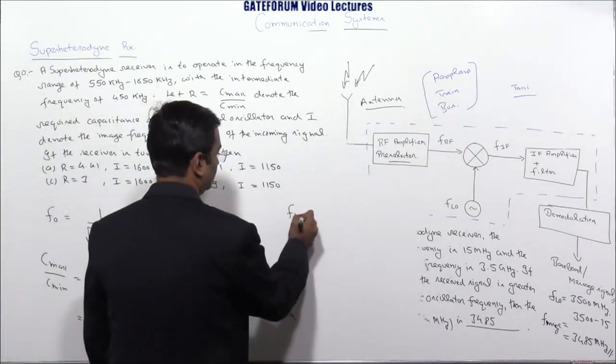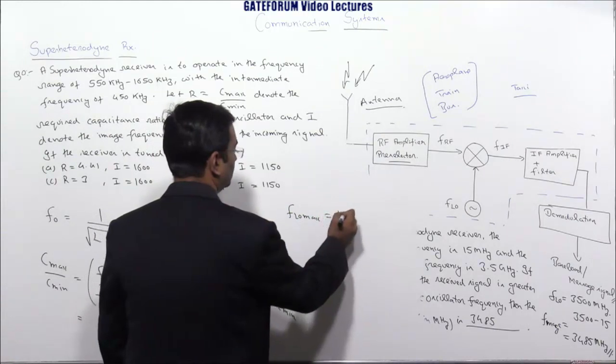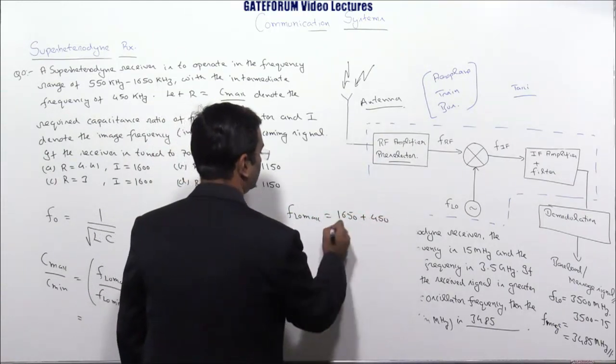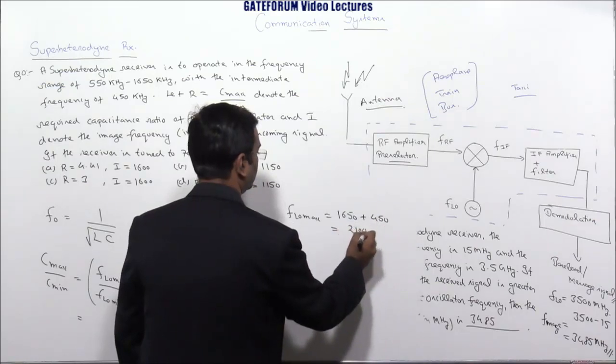So FLO max will be 1650 plus 450, that is 2100 kilohertz.